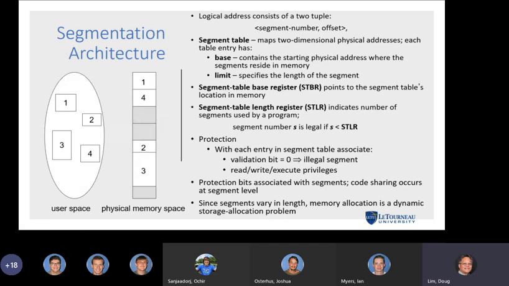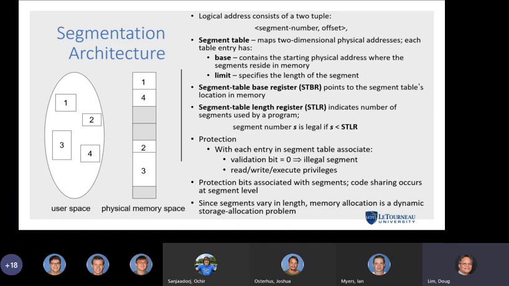With the segmentation architecture, the logical address consists of a tuple. It's the segment name. It says segment number, but technically you can think of it as the segment name, which is the namespace, like main user program, the heap, the stack. Those would be the names.